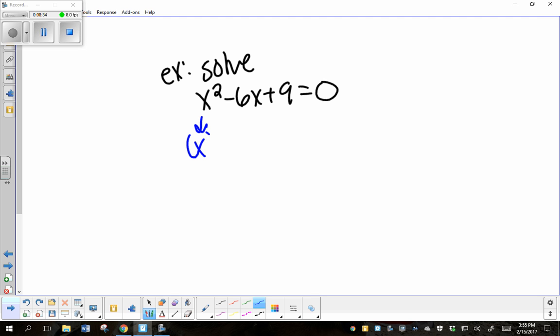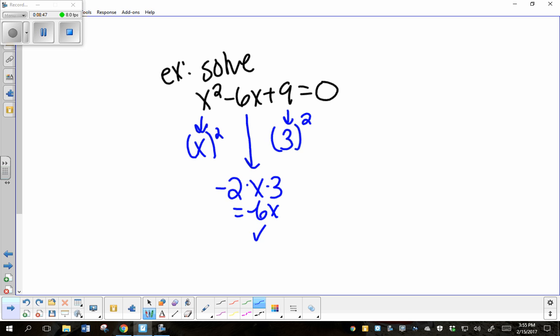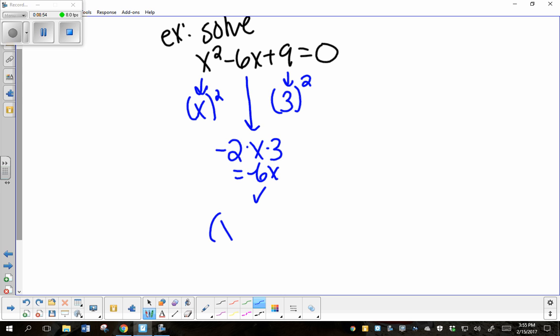Because this is x squared, 9 is 3 squared, and my middle term is negative 2 times x times 3, negative 6x. It works. So this one is a perfect square trinomial. Remember, I can factor this into just x minus, because of that minus right there, 3 squared.